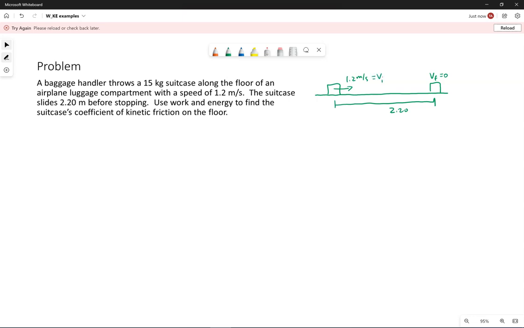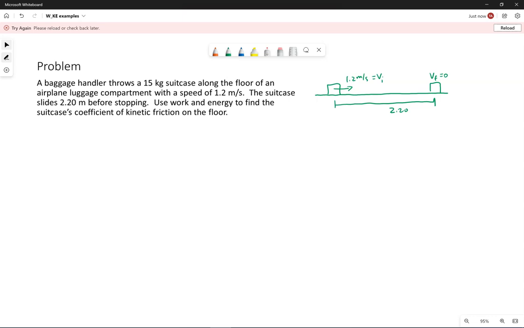Now this problem would be easy enough to solve using net force equals ma and kinematic equations. But we're learning another approach to solving motion, so that's why we are asked specifically to use work and energy to find the coefficient of friction on the floor.